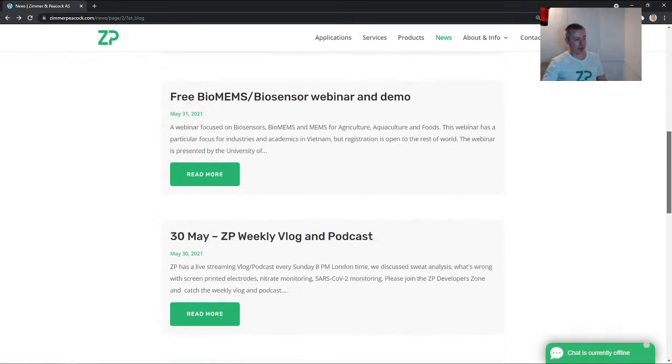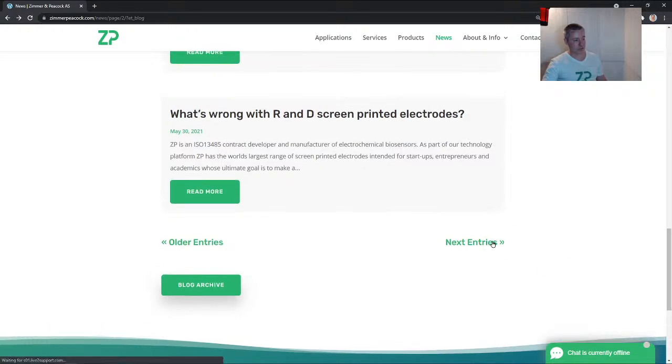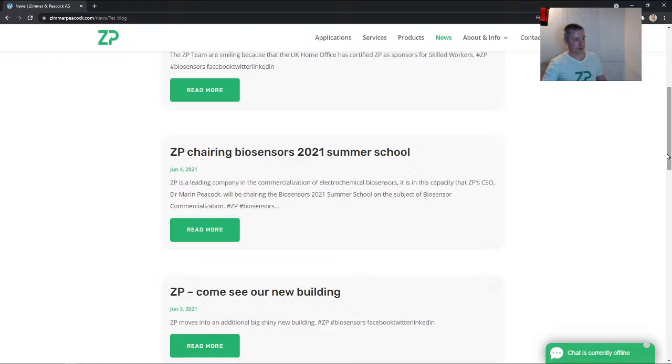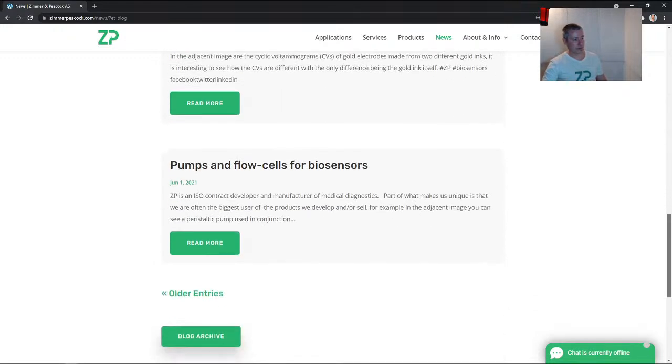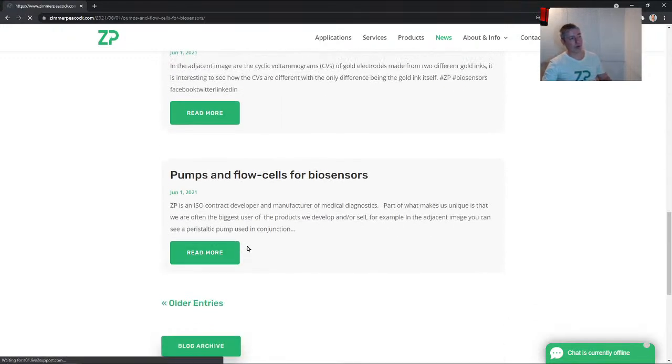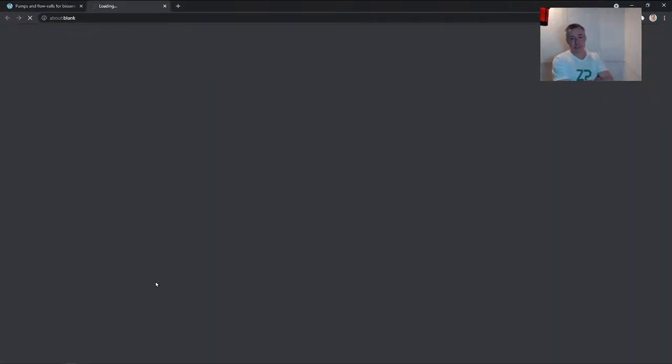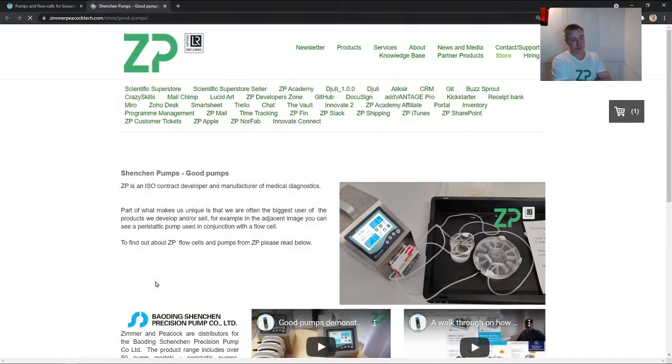Just some other news from this week. We've also been making these flow cells. At ZP, we're known for biosensors, and it's interesting that people like Ali, who have a background in the food industry, for example, we also end up making flow cells.